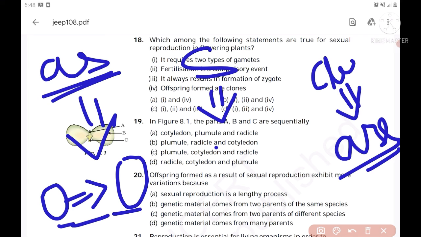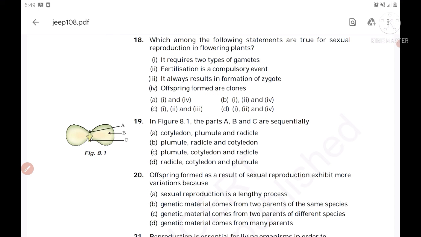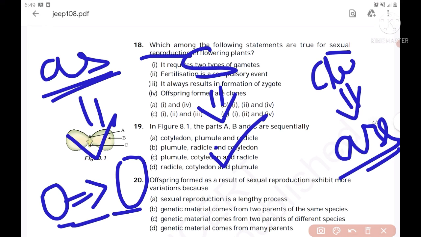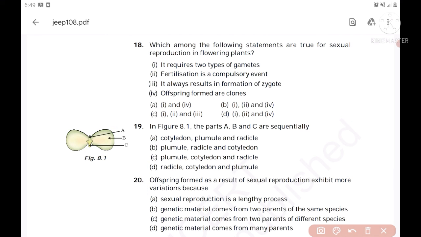When there is exact similarity, then it's called clones. So this is asexual, and we know that flowers are sexual reproduction. In sexual reproduction you can't get an exact copy, so offspring formed are not clones. So this option is wrong. Correct is 1, 2 and 3. So what is the answer? C.